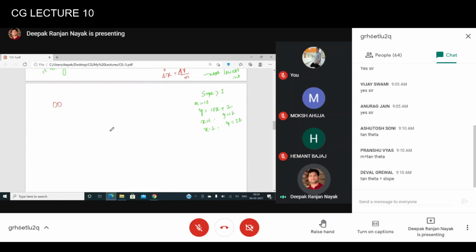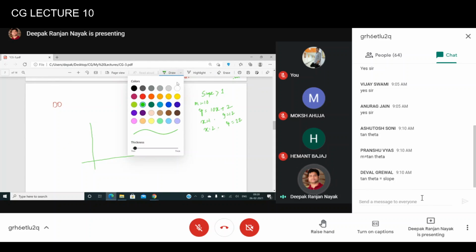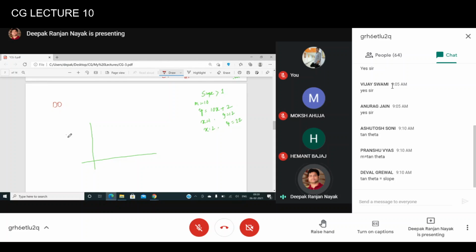Before I discuss the DDA algorithm, I would like to show you something, and that means let us discuss more about the slope, right? Let us say this is the two-dimensional coordinate system which I have considered, and this is the x coordinate, this is the y coordinate. Fine.